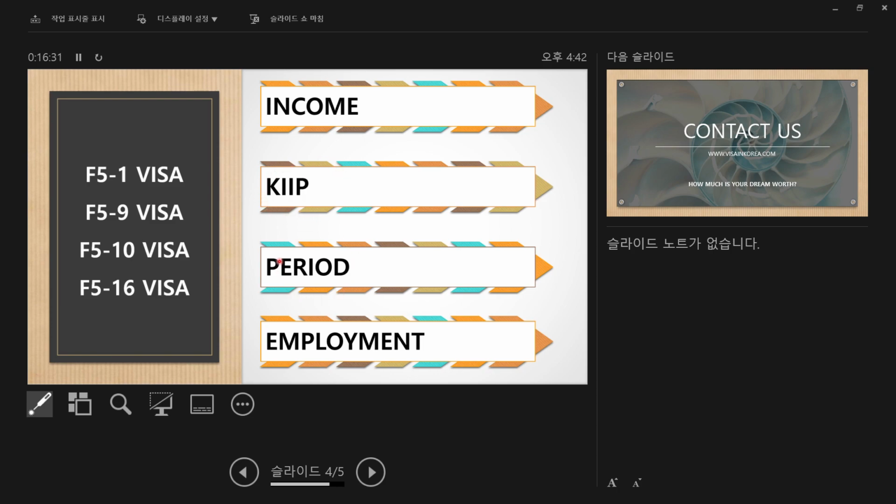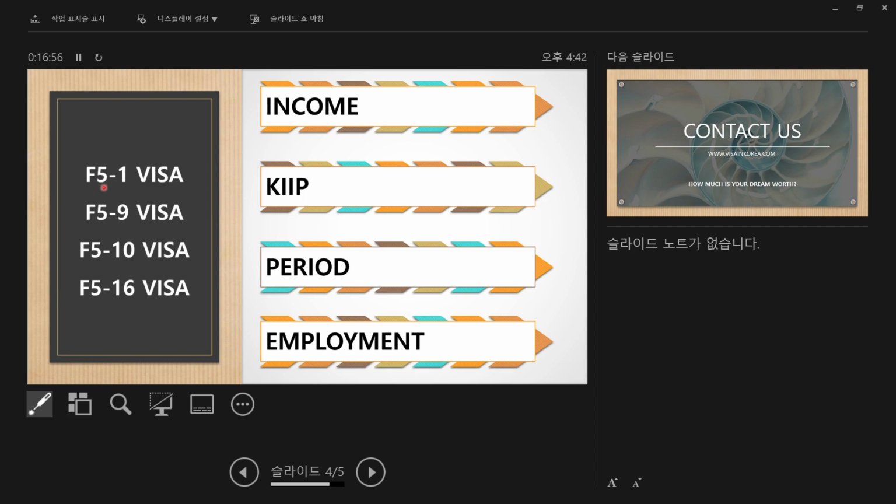Okay, for F5-1, it doesn't need a specific working period, but the important thing is, before the F5-1 visa application, you might have been on D7, D8, D9, E1 to E7, and F2, especially F2-99 and F2-7, right?